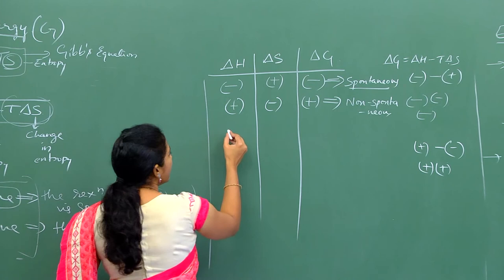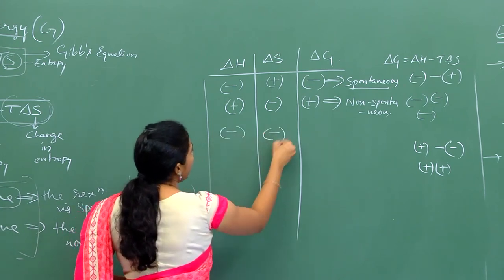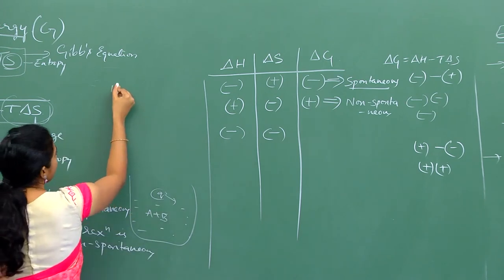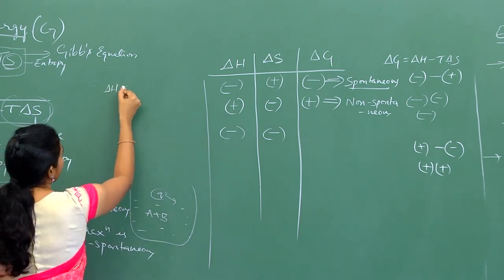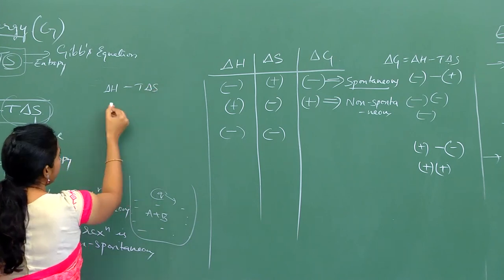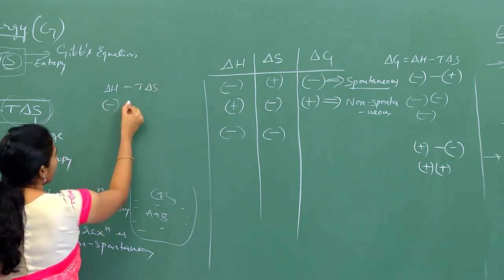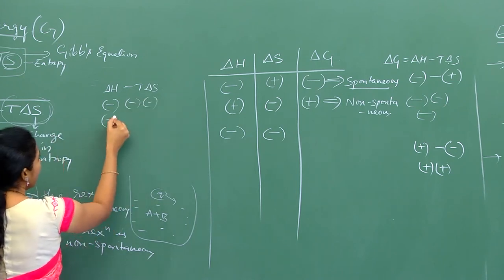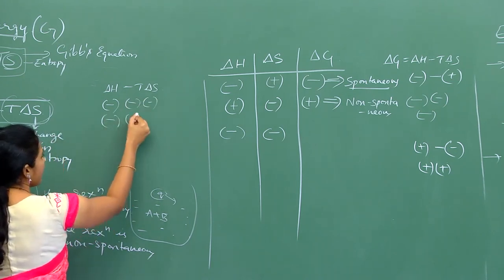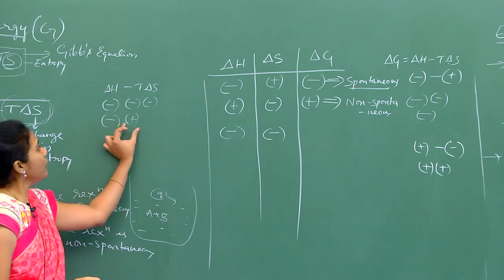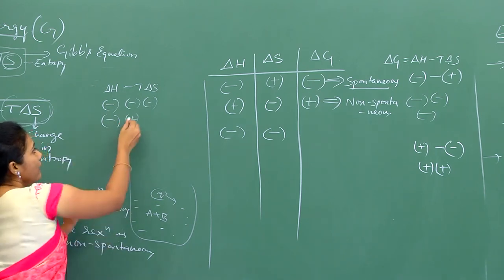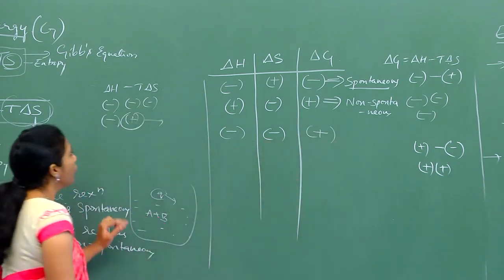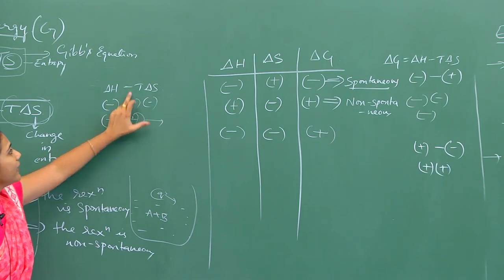And now, if both are negative, what will happen? See, delta H minus T delta S, isn't it? If delta S is also negative, minus of this is also negative, what actually will you get? Minus into minus plus. See, whenever this value is greater, you will get a positive value. Yes or no? When do you get this value greater?